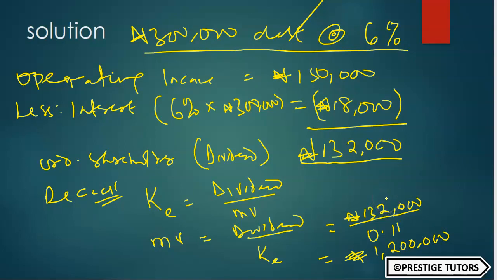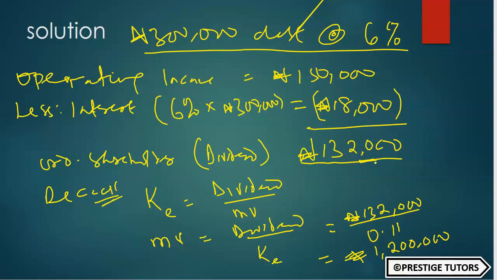When the company has no debt, the market value of equity was 1.5 million naira. Now the company has gone up to take debt of 300,000 naira at 6%. What happened to the market value of equity? It dropped to 1.2 million naira. That means the more you take debt, the higher the returns old shareholders expect, but there will be a drop in their dividend.